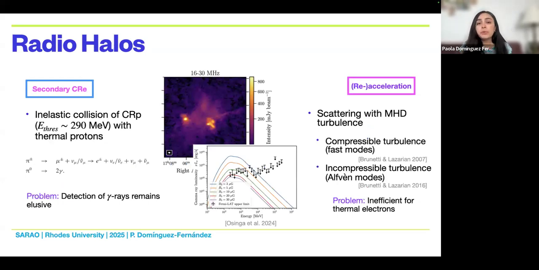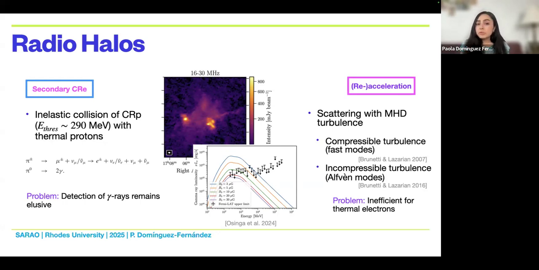Now, in terms of radio halos, here we also have two different models. The first one is the secondary cosmic ray electron model, or hadronic model. So we are expecting to have a lot of cosmic ray protons living in galaxy clusters, right? And if that is the case, they should also be interacting inelastically with thermal protons.